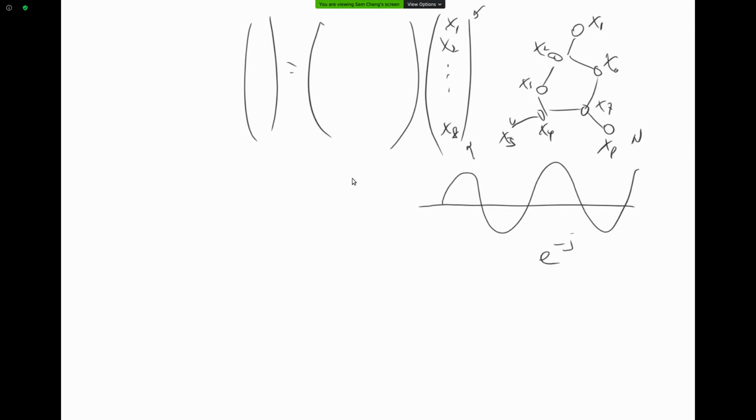So if I have a sinusoidal signal like e to the j omega t, and I shift it by delta, then I will have e to the minus j omega delta times e to the j omega t. Wait a sec, I'm missing omega here.